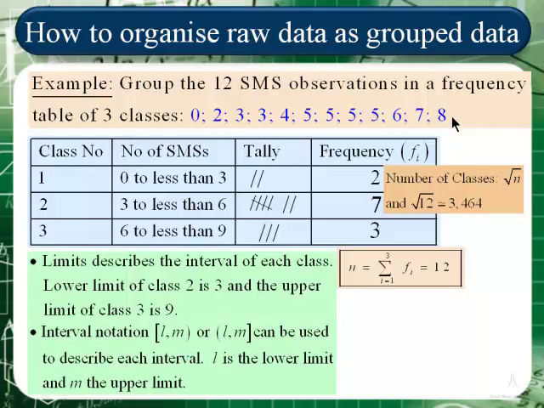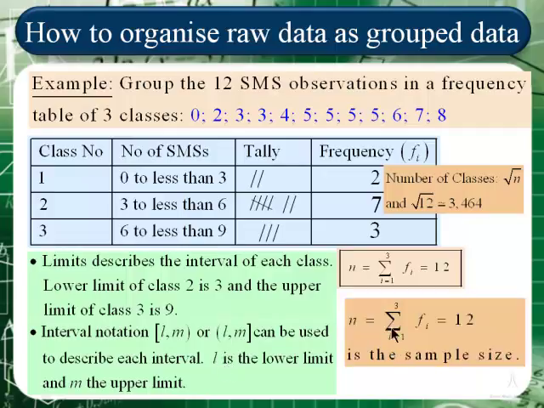It may include 9 but exclude 0. Then the second notation will be more suitable, where the lower limit is excluded while the upper limit is included. In this case L is the lower limit and M the upper limit. Just by way of repetition, we use the symbol n, which is the sum of the frequencies of all the classes. In this case it's 12, which is known as the sample size.